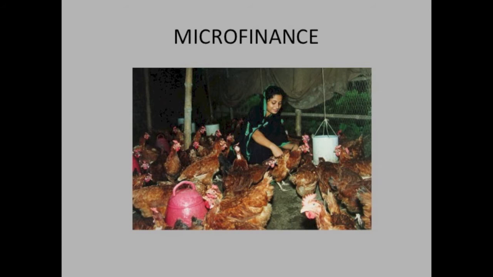Microfinance, very successful. You might be familiar with the Grameen Bank, again in Bangladesh, and Mohammed Yunus, who was a Nobel Prize winner. His bank, Grameen Bank, mostly loans to women, and these women have actually done an amazing job of bringing their families out of poverty with a very high payback rate as well.